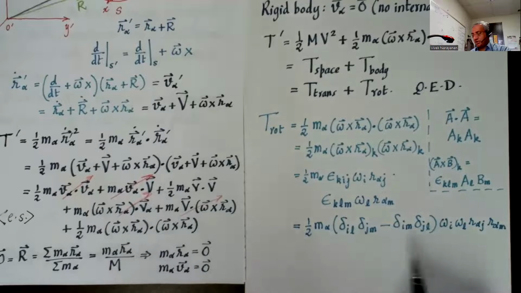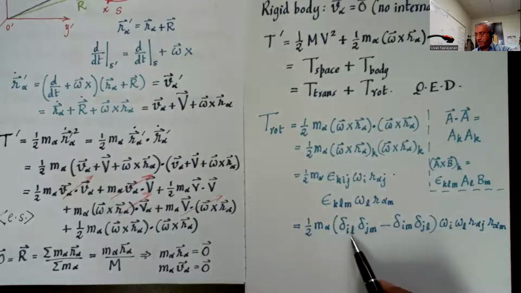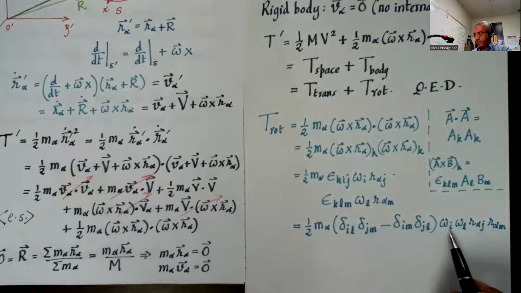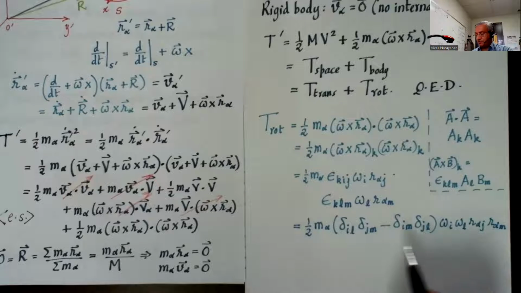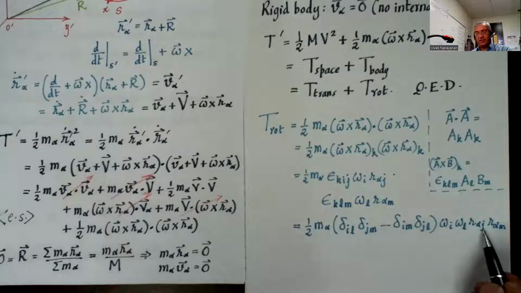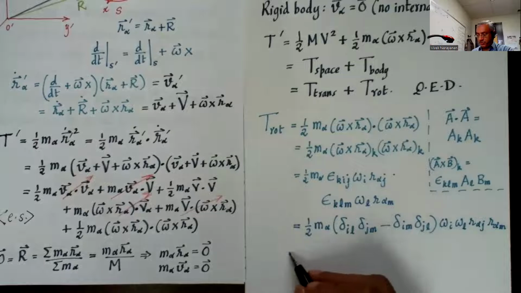Now we apply the delta operators. These Kronecker deltas are hungry and they have to be satisfied. Delta IL will attack omega I and make it omega L. Delta JM will attack R alpha J and make it R alpha M. So let's write that first.